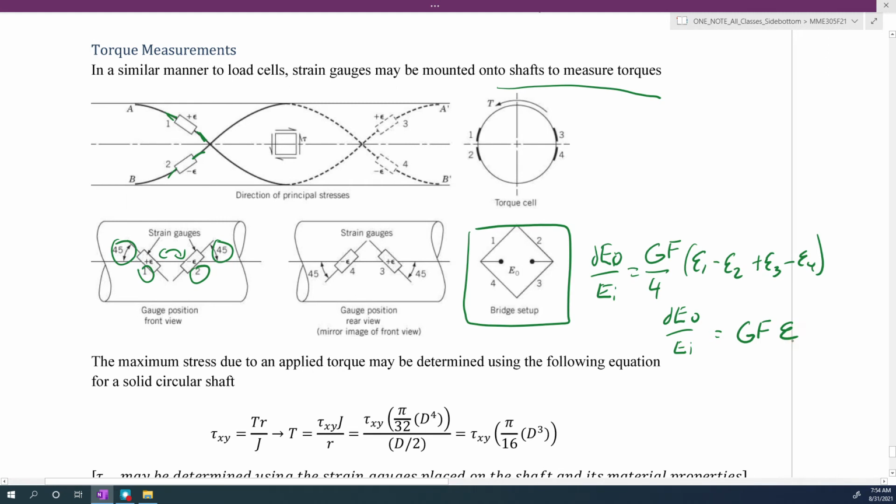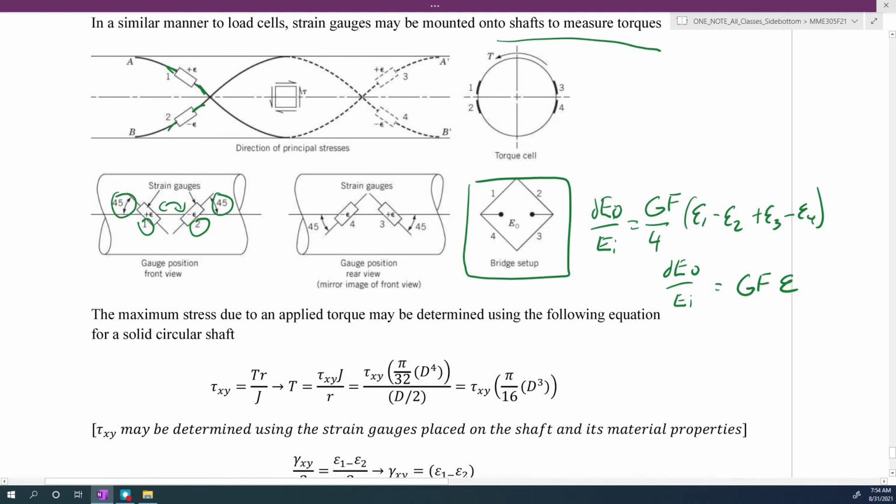So if we know EO, EI, and our gauge factor, we can easily determine our strain. The maximum stress due to our applied torque is defined using the following equation. If we know the torque, the radius of our shaft, and the polar moment of inertia of our shaft, we can calculate our stress.